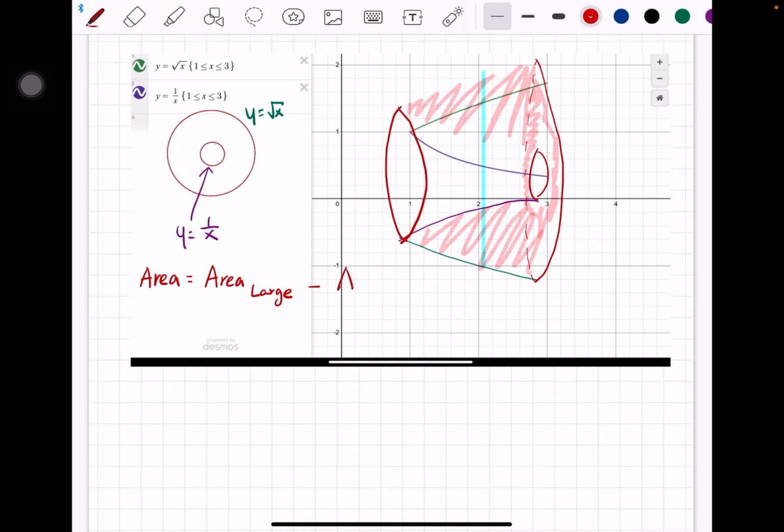So the area, as I mentioned, we're going to use the larger area minus the smaller area.